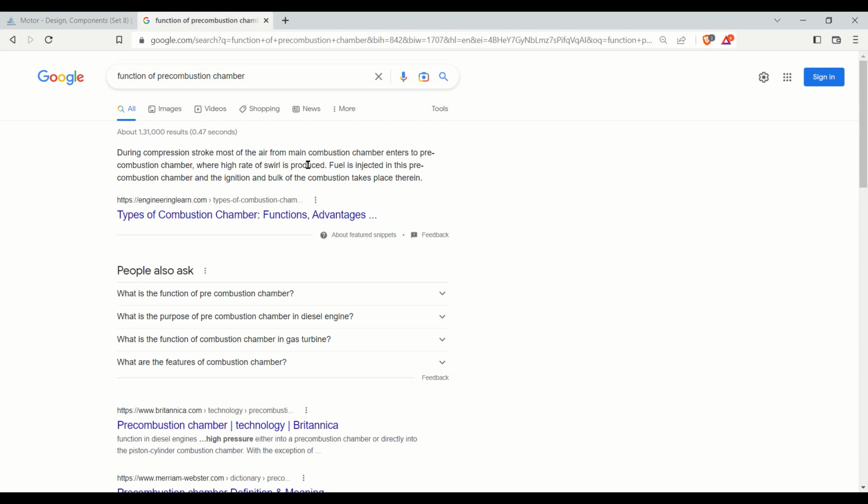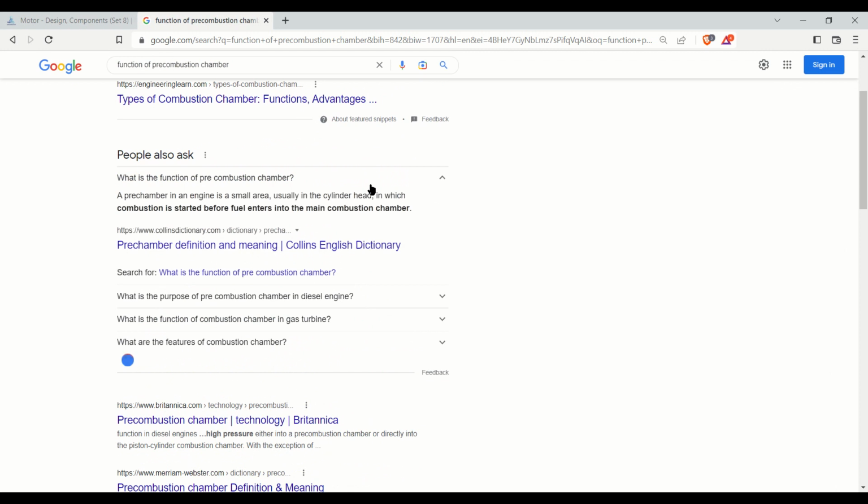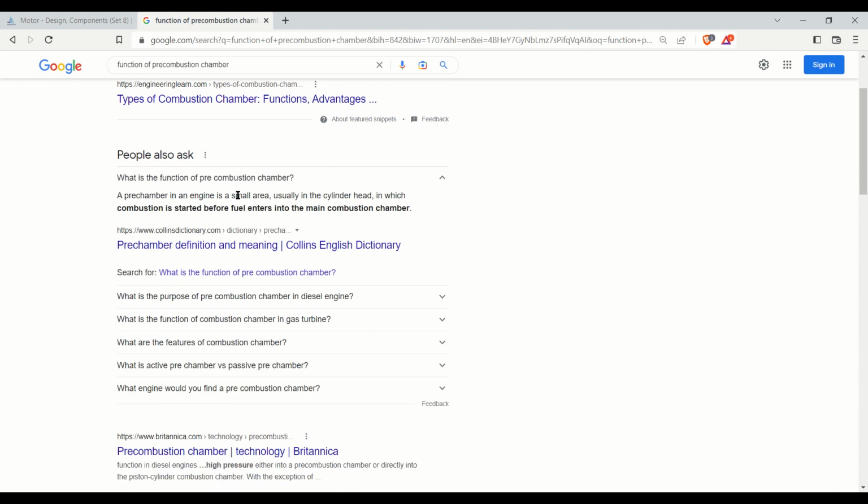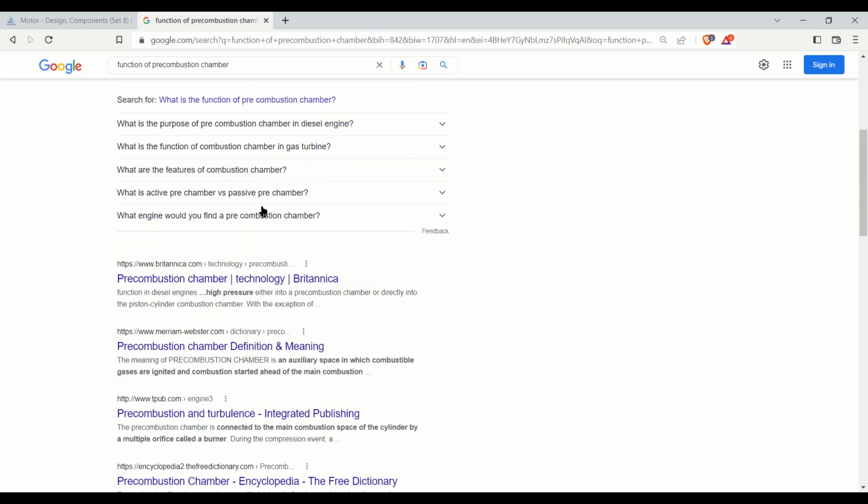It provides the swirling action. Fuel is injected in this pre-combustion chamber and ignition and bulk of the combustion takes place therein. A pre-combustion chamber in an engine is a small area, usually in the cylinder head, in which the combustion is started before fuel enters into the main combustion chamber.